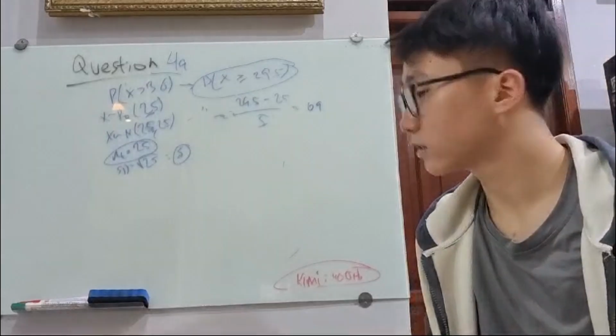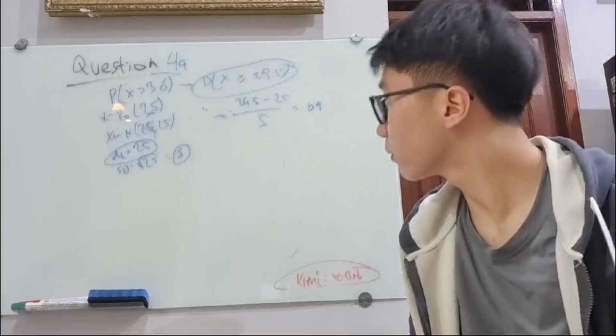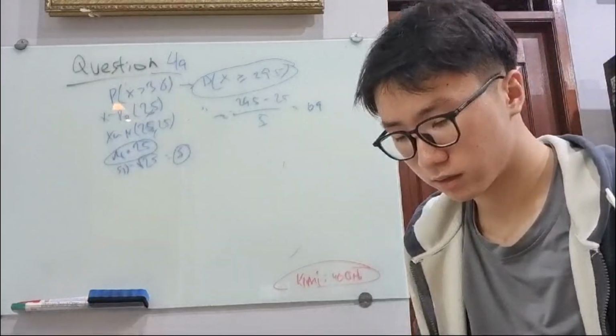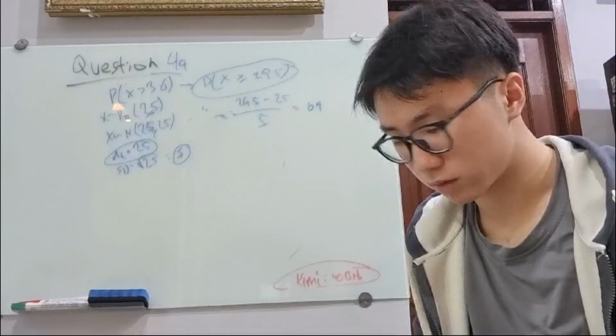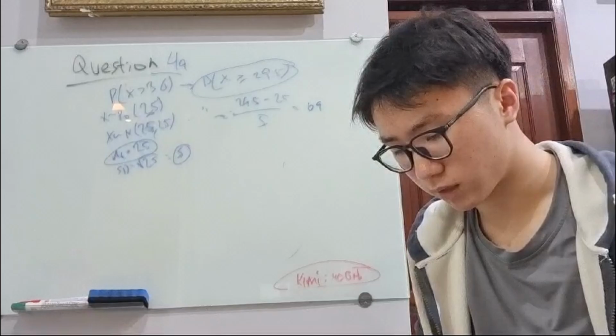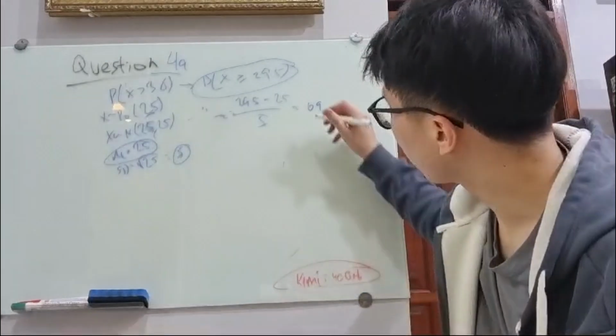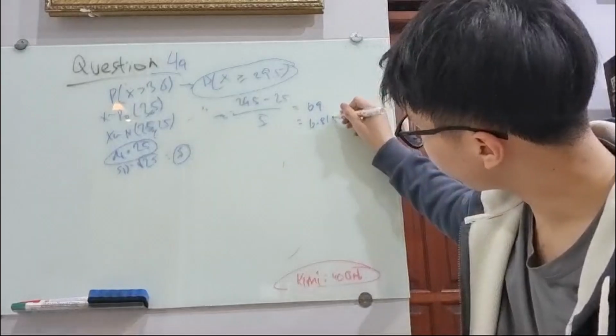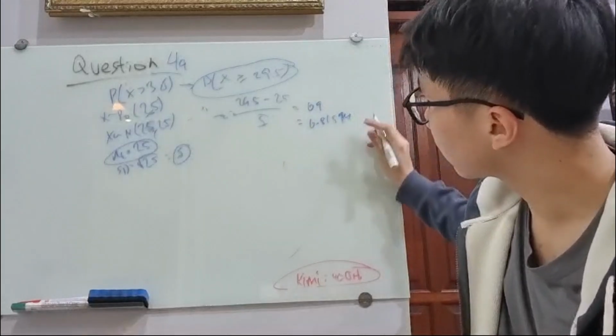So we get 0.9, and then we input our calculator, and we get 0.81594.